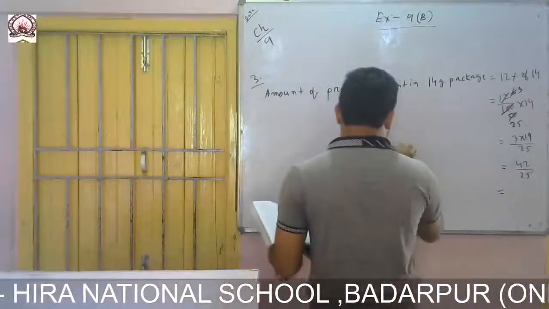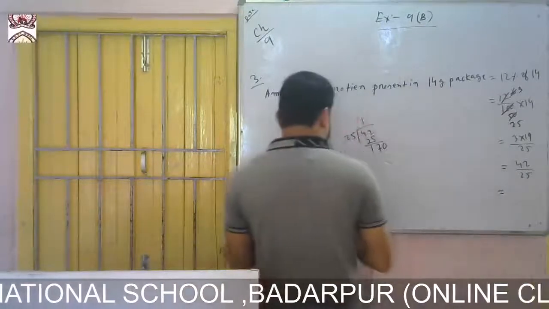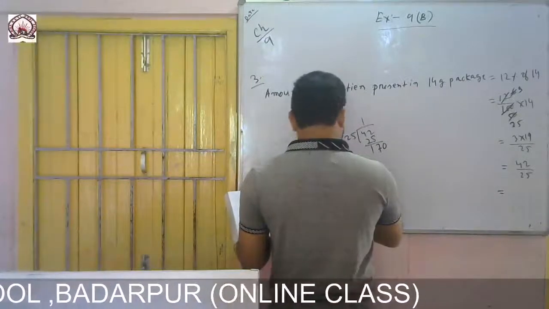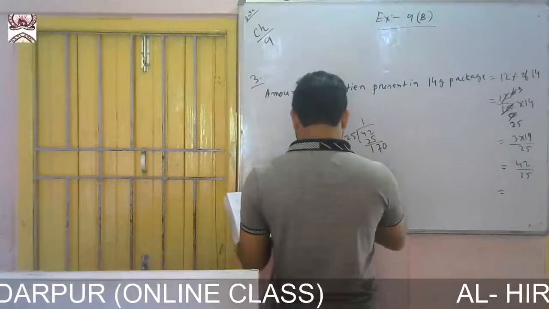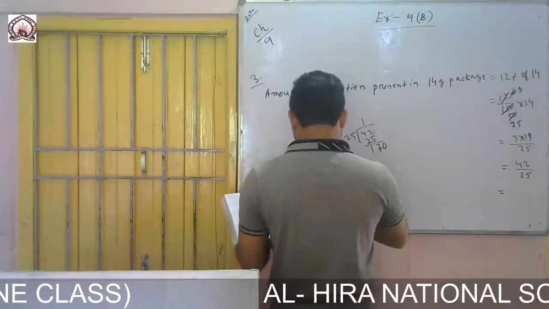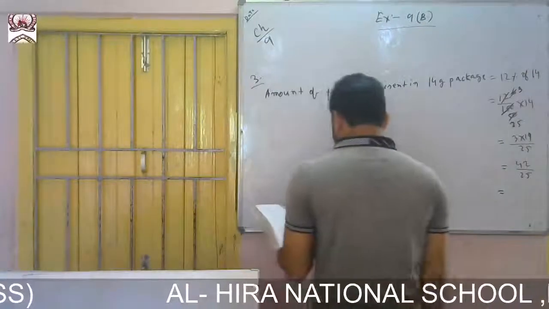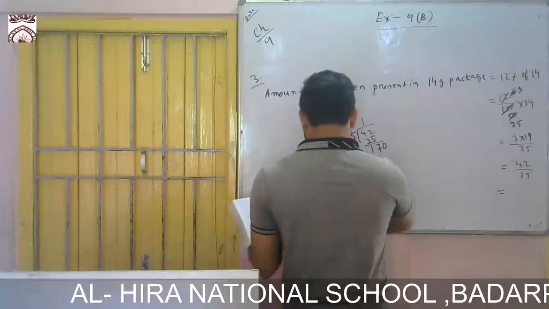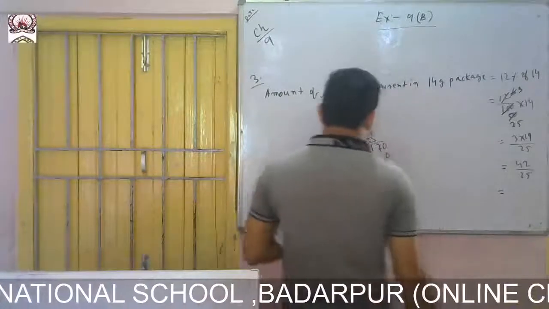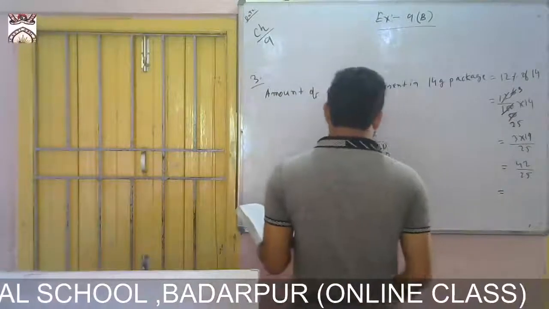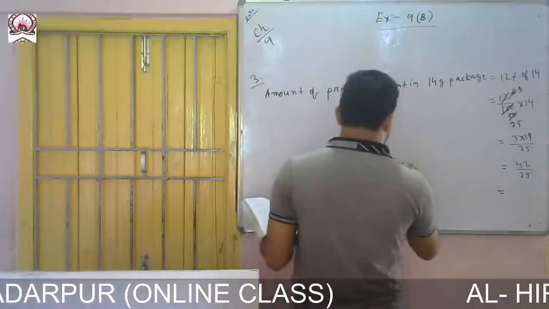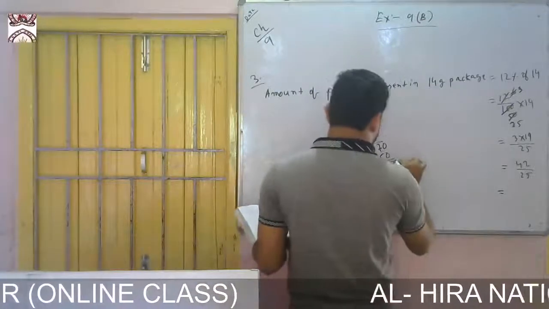So give a point and take a 0. 20 point is there, you can bring 0.